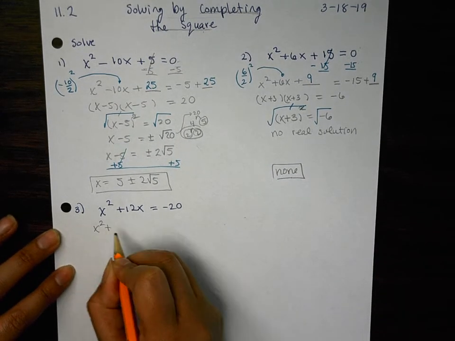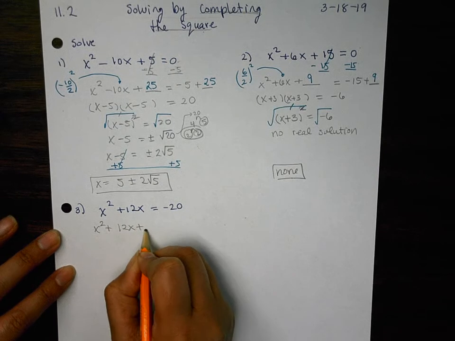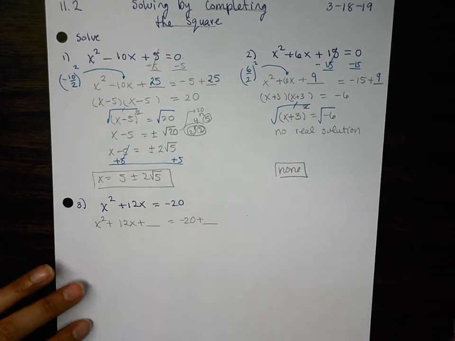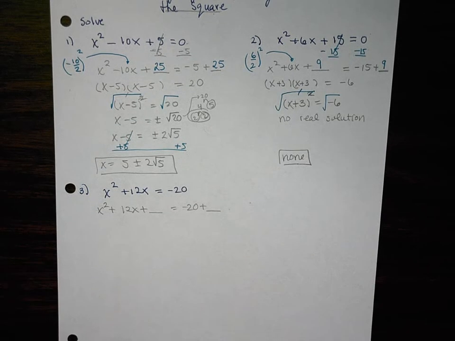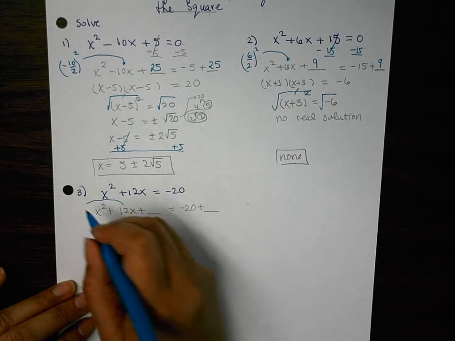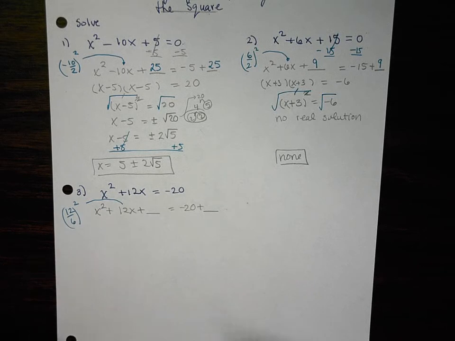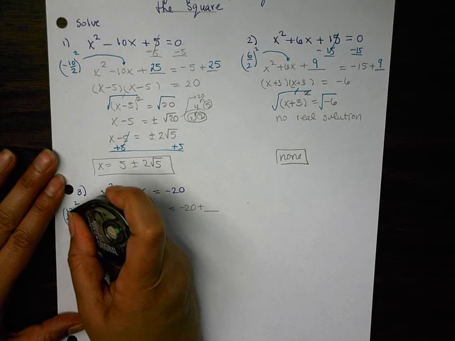It's already done, right? All right, so I can go straight to putting my blanks in. x squared plus 12x plus blank equals negative 20 plus blank. Cut your middle number in half and then square it. And add that to both sides.